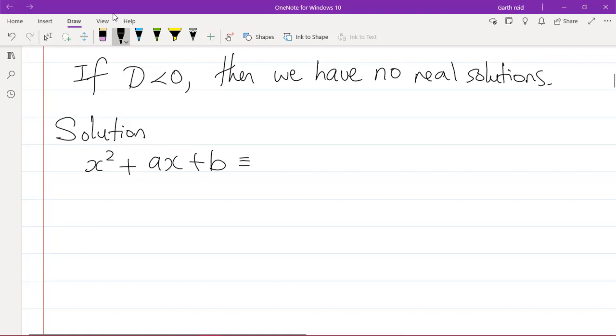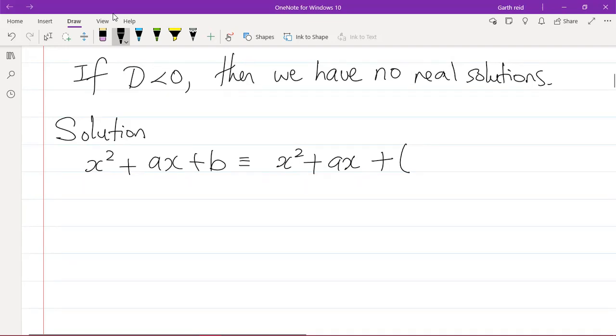I'm going to write back the same terms here. Normally, if there was a number in front of the x squared, we would factor that number out first from the three terms. But in this case, the coefficient of x squared is 1. So what we will do is write back the first two terms, and then add and subtract a constant, which is going to be half of the coefficient of x.